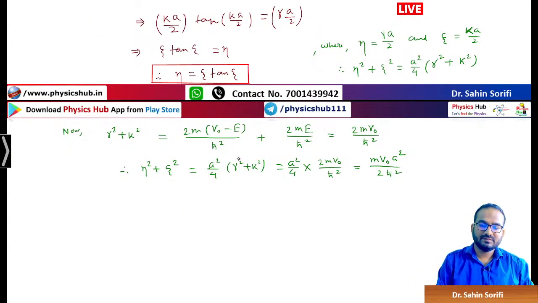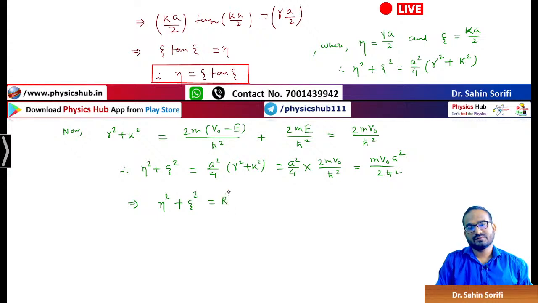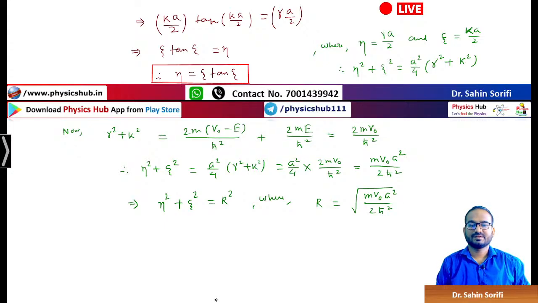So this is nothing but the equation of a circle, right? So we can write eta square plus xi square is equal to r square, where r is nothing but the square root of m v naught a square by 2 h cut square, isn't it?